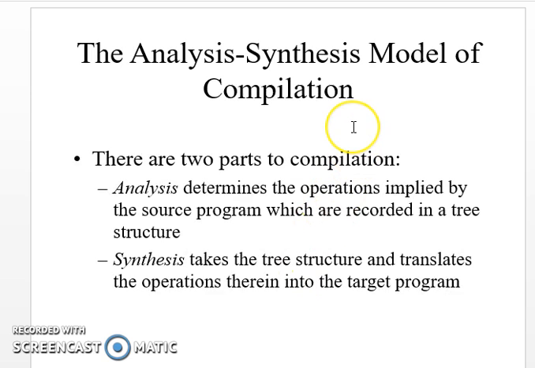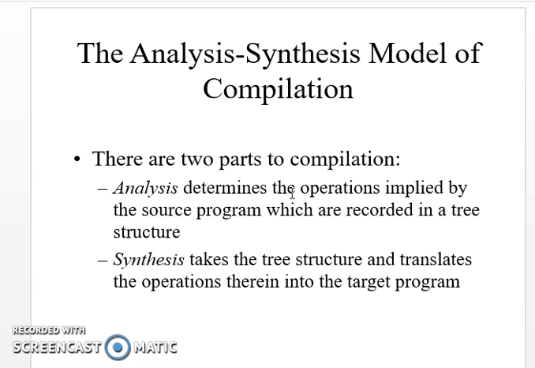And the main analysis and synthesis model of a compilation. Mainly, the total compilation process is divided into two parts. The first one is the analysis part and the second one is the synthesis part. Analysis determines the operations implied by the source program, which are recorded in a tree structure.